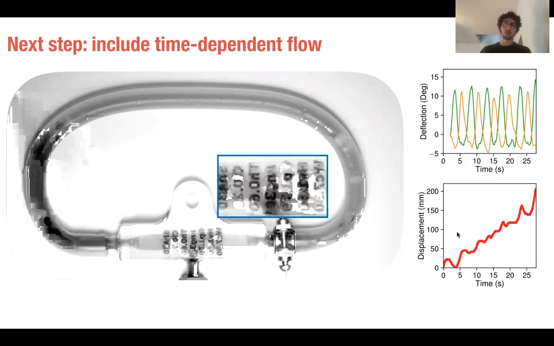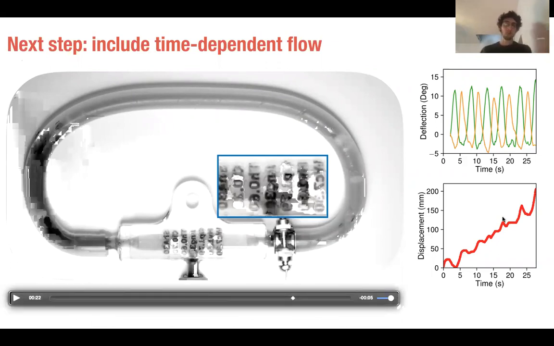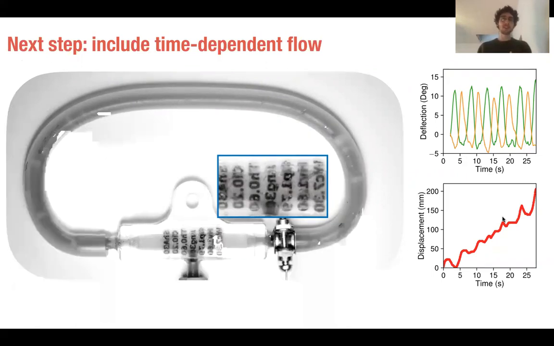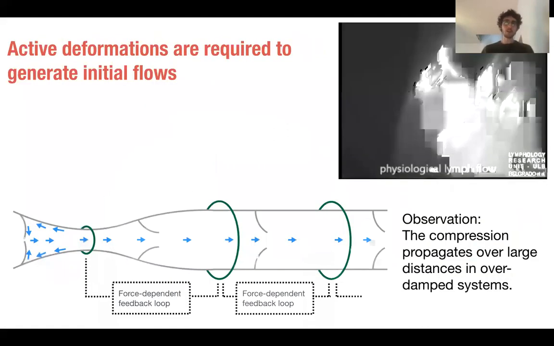And so you can, for example, track the displacement of the bubble that I was showing you, and you see that it moves at a certain speed. So that's one way of trying to introduce those non-stationary behaviors. But what we think is that there is something much more interesting to be inspired by in those living systems, such as the lymphatic system. And this more inspiring thing is one of the things that I was describing before.